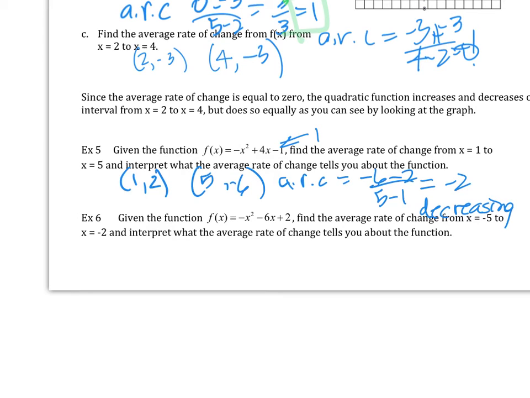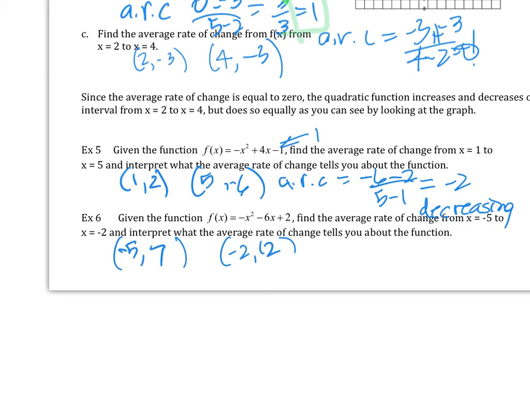Now the next one, we're going to do between negative 5 and negative 2. So again, we have to figure out the output based on what the function is. So let's figure those two values out. First one, we get 7. The second one, we get 12.